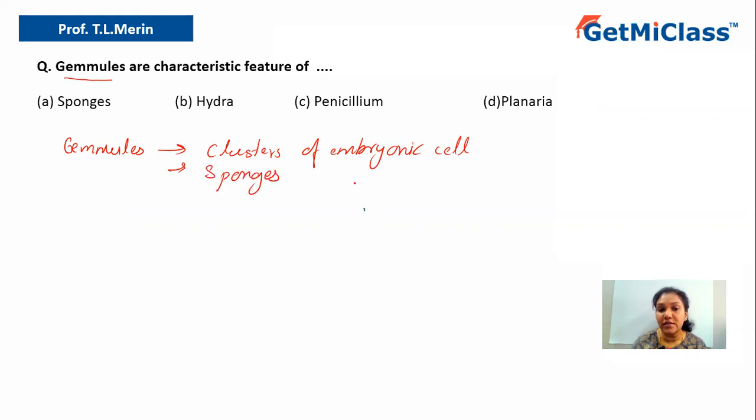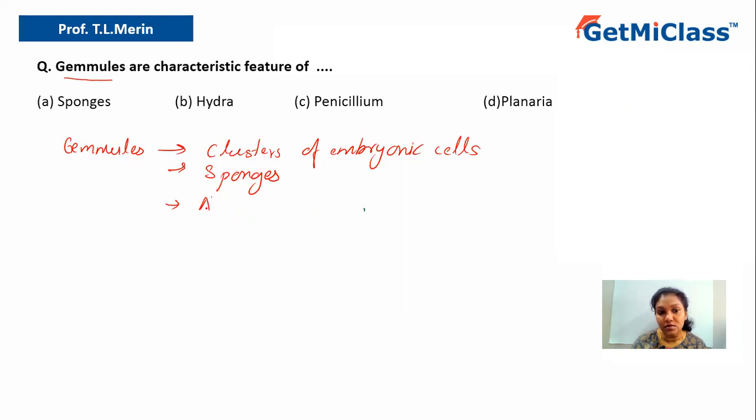And what do they do during favorable condition? Whenever favorable condition occurs, these clusters of embryonic cells will give rise to new offspring. So gemmules are involved in the production of new offspring.